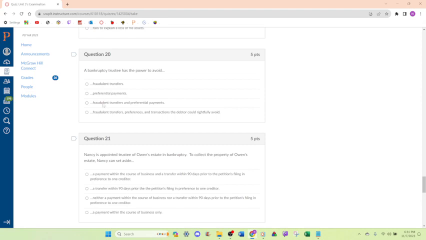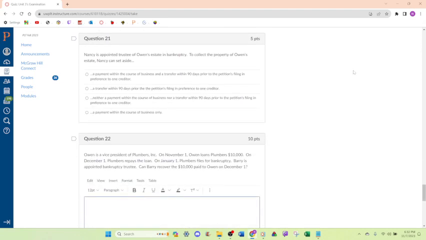Fraudulent transfers and preferential payments. What is this? This is such crap.